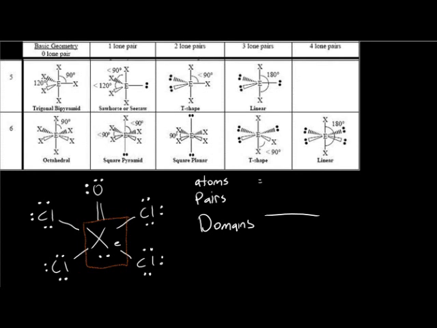So xenon is connected to 4 chlorines and an oxygen for a total of 5 other atoms. We don't care that oxygen's double bonded, we just want to know how many. Xenon also has a pair underneath it here, meaning that we have only one lone pair on the xenon. The lone pairs of the other atoms that are on the outside don't count toward this either. We add 5 plus 1 and get 6 domains.